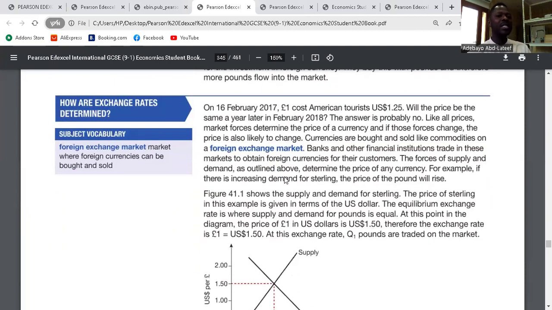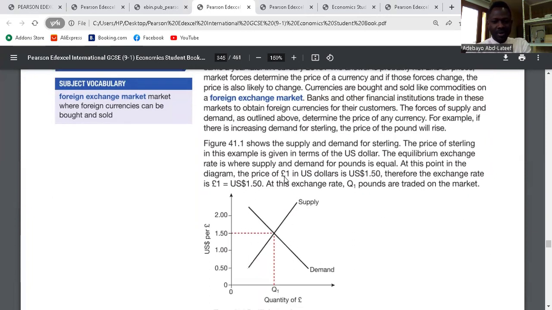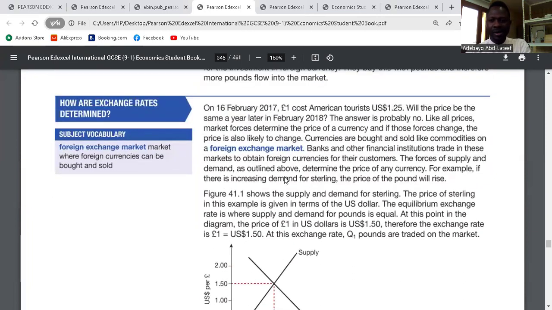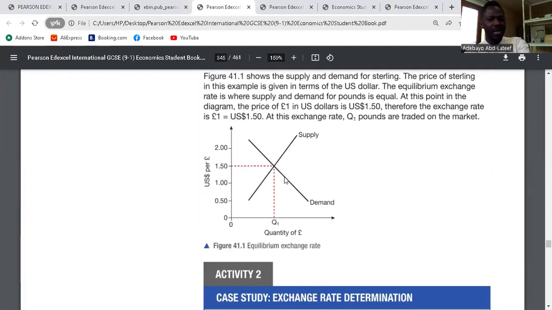So we go to how exchange rates are determined. The determination of the exchange rate is based on the demand for and the supply of the currency. Clear? So that's it here, the demand for and supply, which is just what you have to keep in mind.